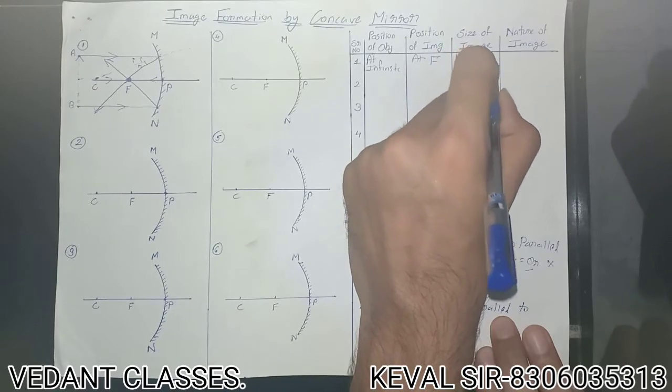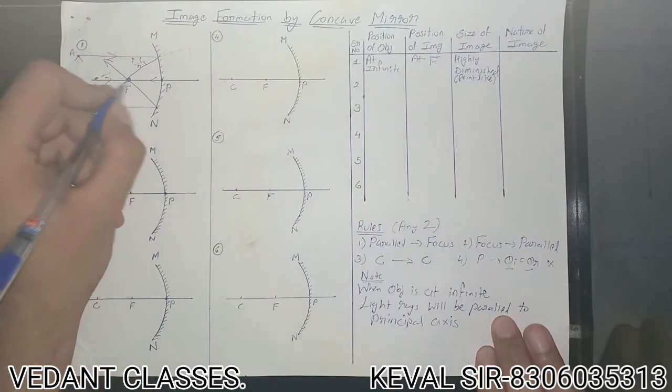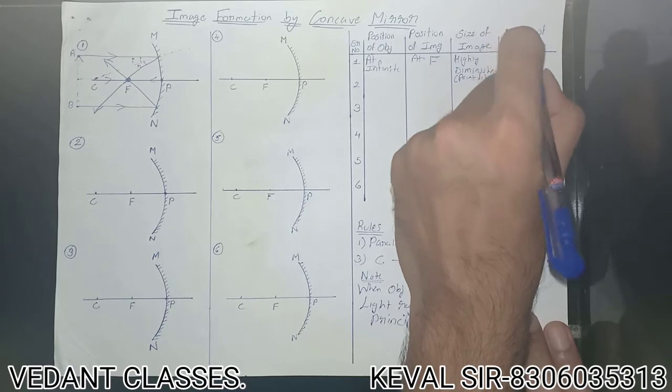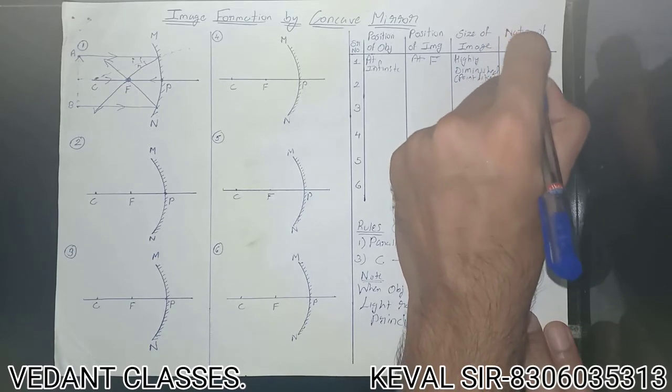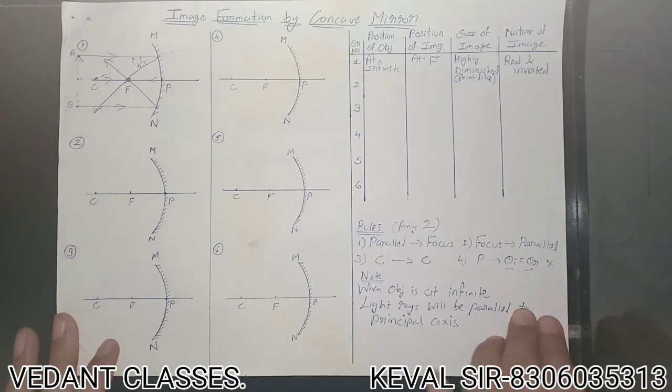It is just a small point-like image that you can see over here. Now the rays are actually intersecting, so we will get a real and inverted image.